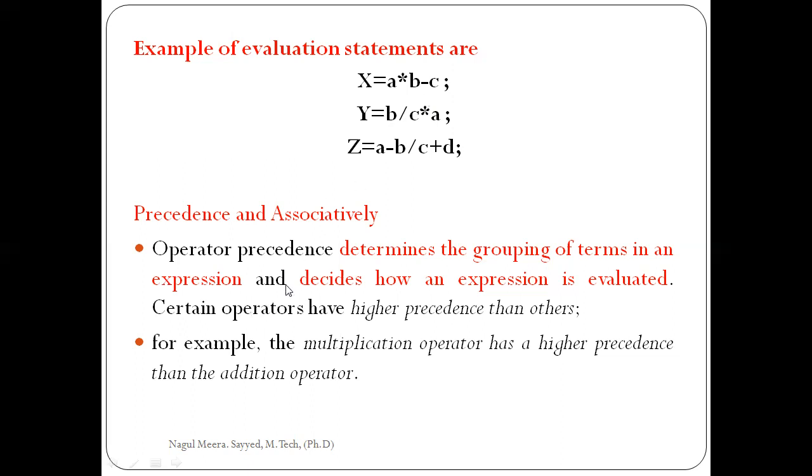Operator precedence determines the grouping of terms in an expression and decides how an expression is evaluated. For example, the multiplication operator has a higher precedence than the addition operator. Take this one example: x equal to a into b minus c. In this, is a into b performed first or b minus c? There are two operators, so is a into b performed or b minus c?